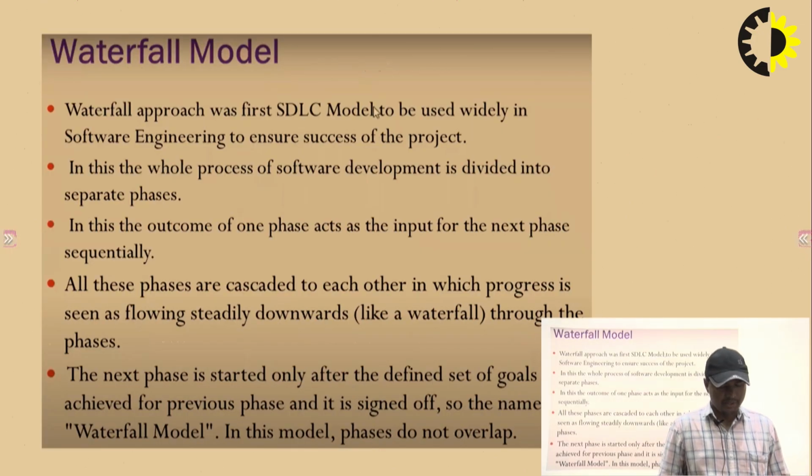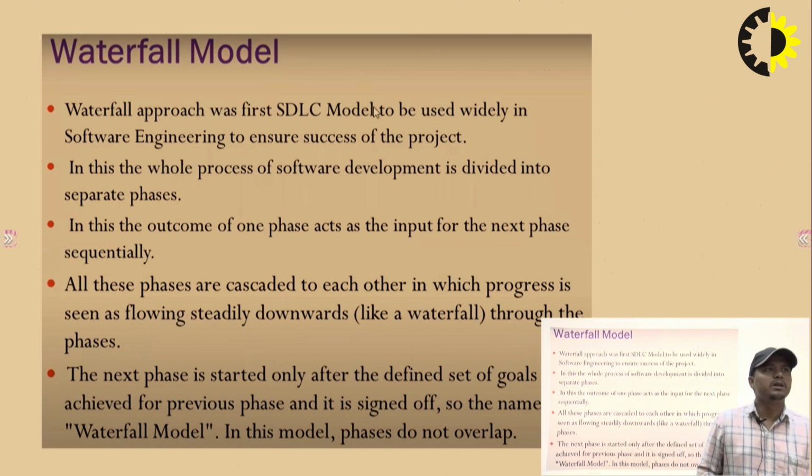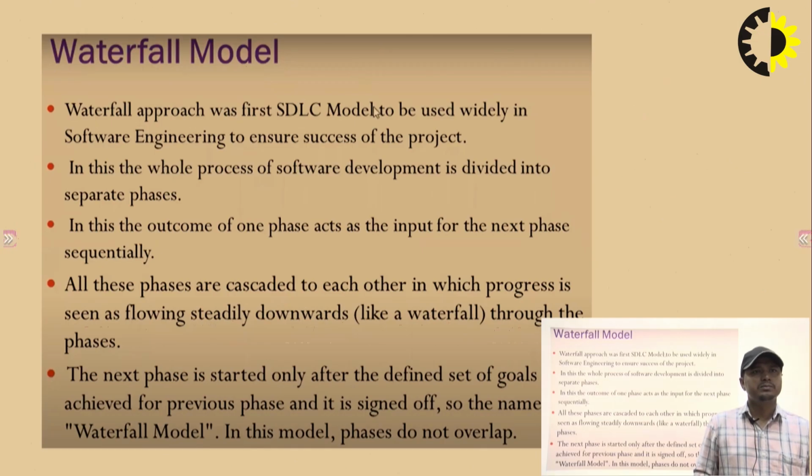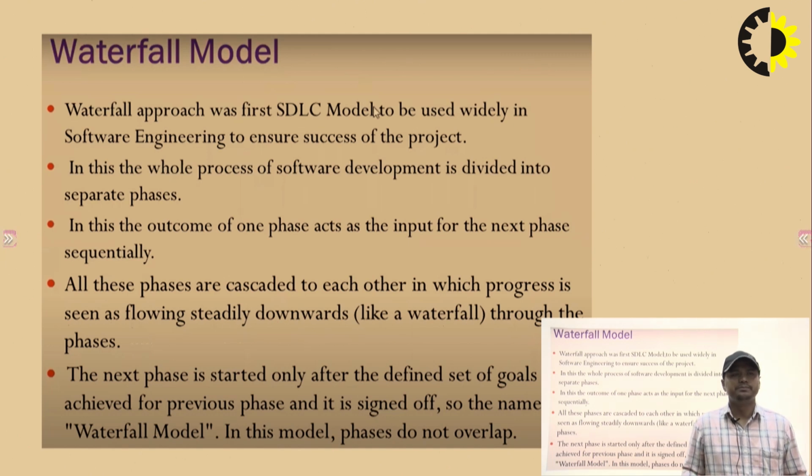First is the waterfall model. The waterfall model was the first SDLC model to be used widely in software engineering to ensure success of the project. In this model, the whole process of software development is divided into separate phases. The outcome of one phase acts as the input for the next phase, sequentially.